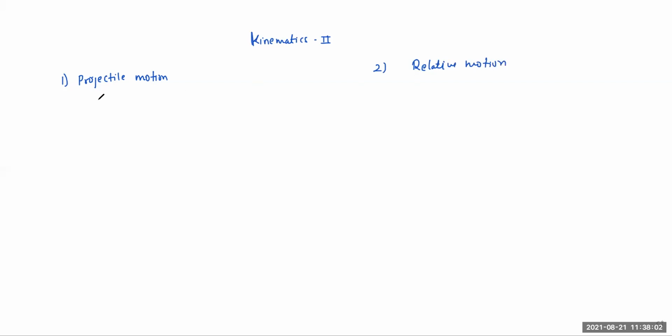In projectile motion, we are going to learn something called horizontal projectile, oblique projectile, and inclined plane projectile, and you can also say obstruction.